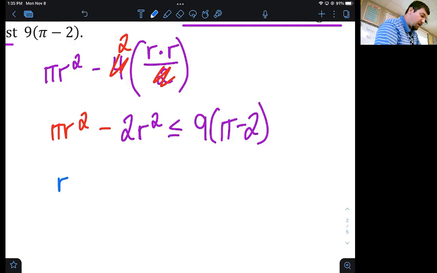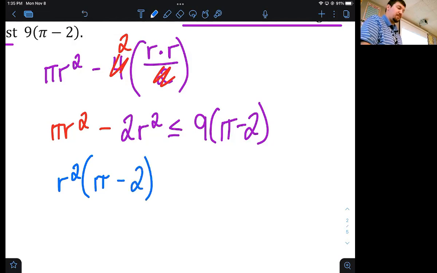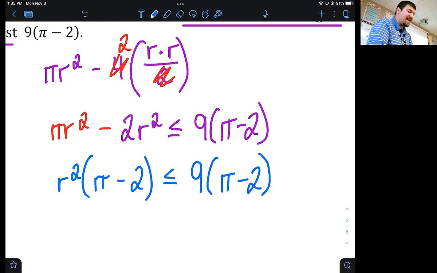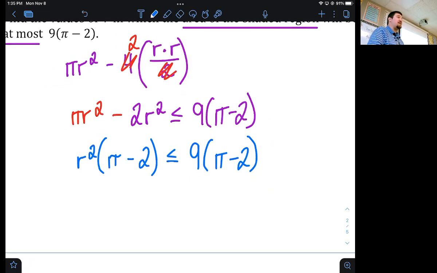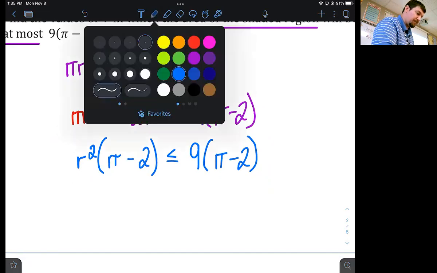If you take out the R squared from both terms, that leaves you with the pi from the red term minus 2 from the purple term. Now both sides have a quantity pi minus 2. And so instead of timesing those out, we could divide both sides by quantity pi minus 2.